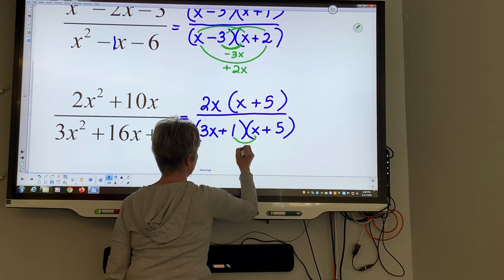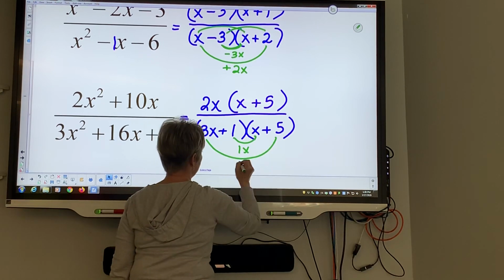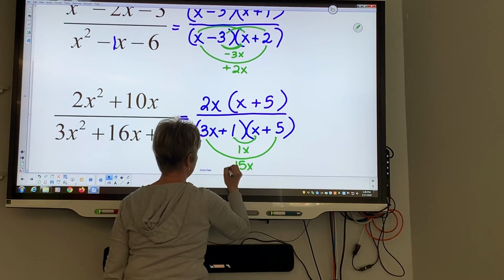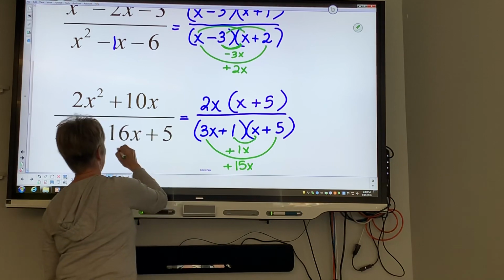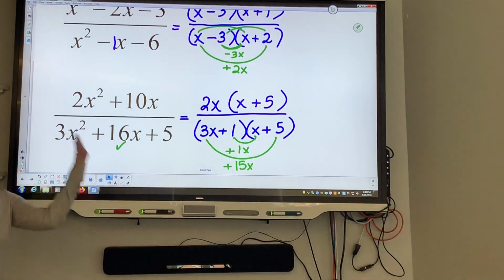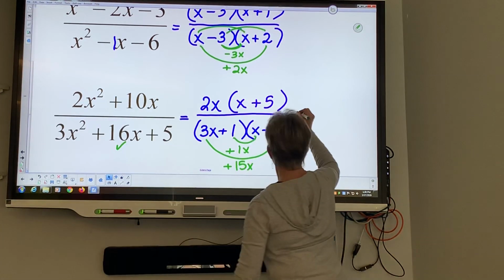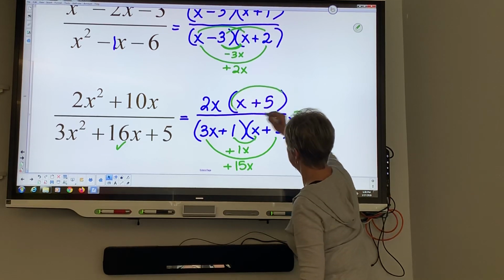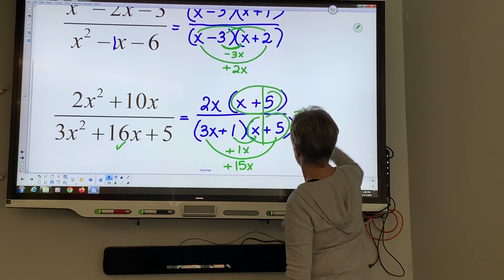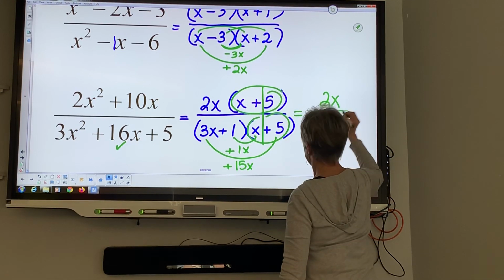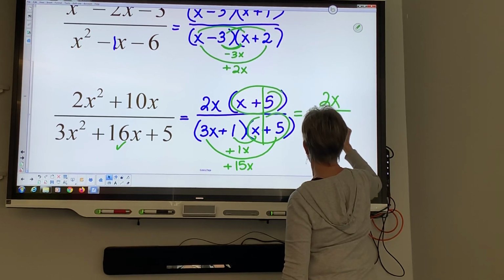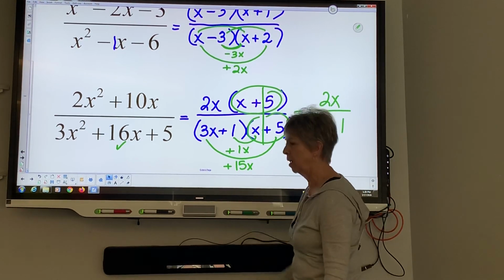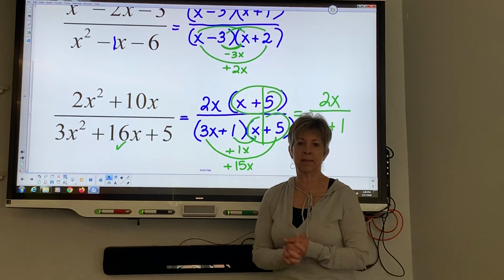The inners would give me 1x this way, the outers would give me 15x, and that's going to add up to give me my 16x. Voila, okay. So then this factor and this factor become 1, and my answer is 2 over 3x for this one. Okay, so that's that lesson.